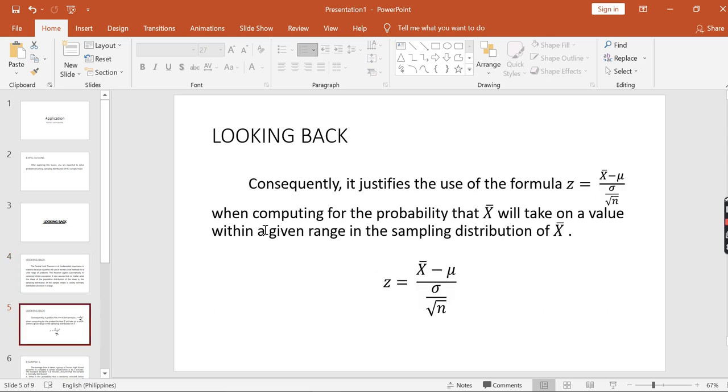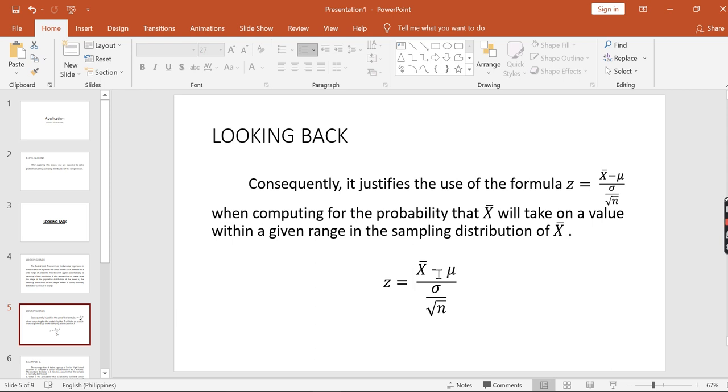So consequently, it justifies the use of the formula Z is equal to x bar minus mu over sigma over square root of n. Now, when computing for the probability that x bar, or the sample mean, will take on a value within a given range, because of the central limit theorem, the use of this z formula has been justified.